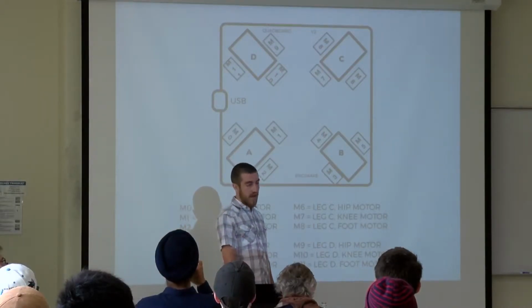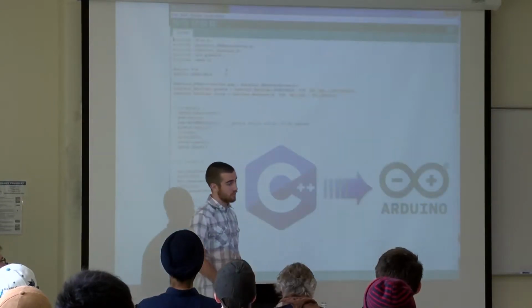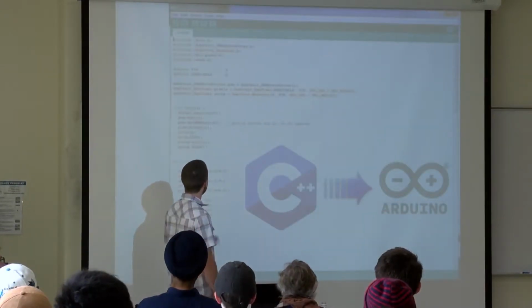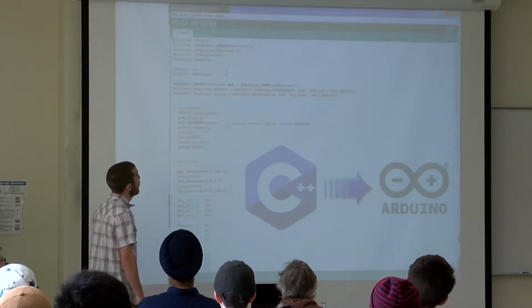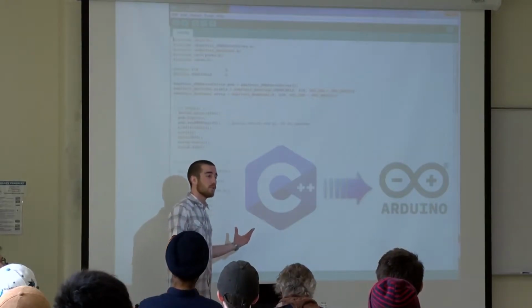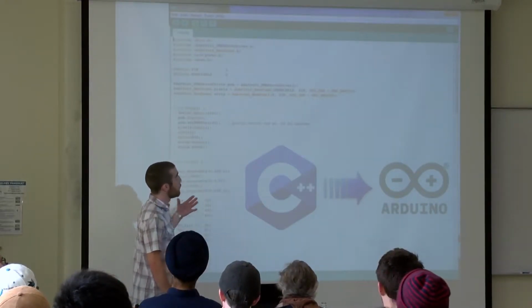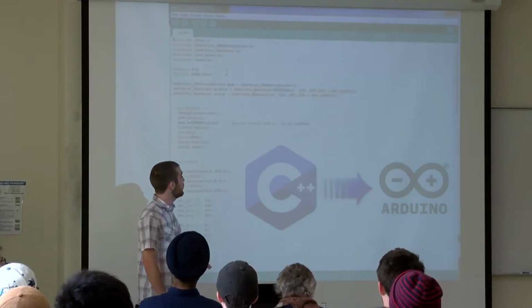And then once I had it all assembled and ready to go, the fun stuff came, the coding. Here I have some sample code that I had in the Arduino software. The code that runs is essentially C++, but it's compiled into Arduino-based bytecode, I believe.